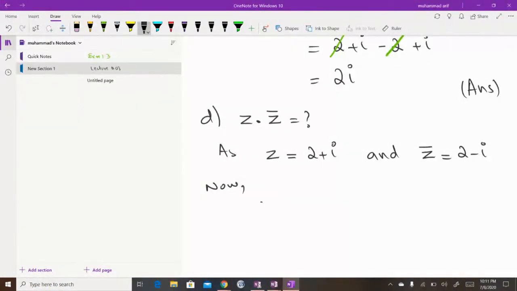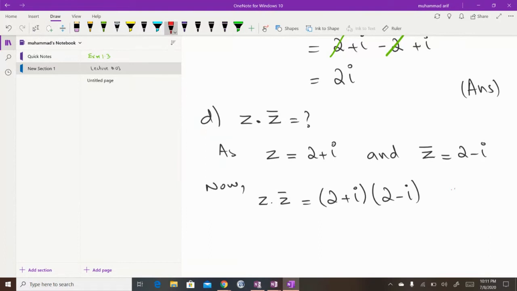We are to multiply z into z conjugate. What is the value of z? The value of z is 2 plus iota. What is the value of z conjugate? 2 minus iota.